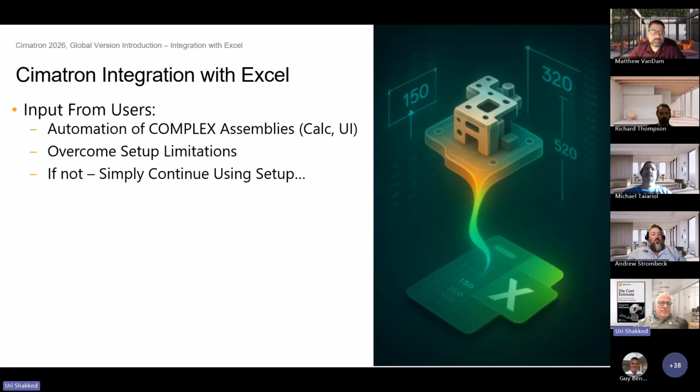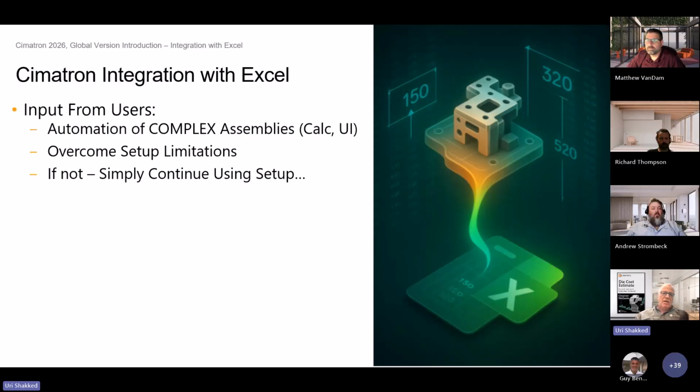There is also an issue with setup limitations that we want to overcome. And if you're not dealing with these two issues, just simply continue using the setup. I mean, if you just want to type in numbers, don't mess with the integration with Excel, okay? It should be worth the effort you're going to invest, so it should be complicated or overcoming some limitation.